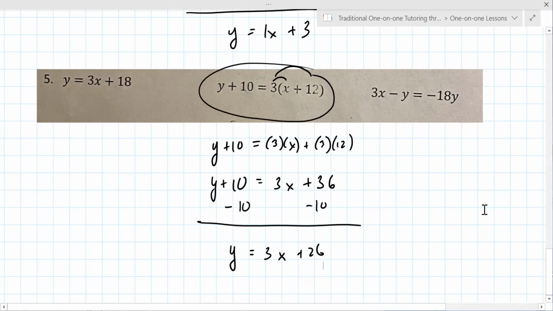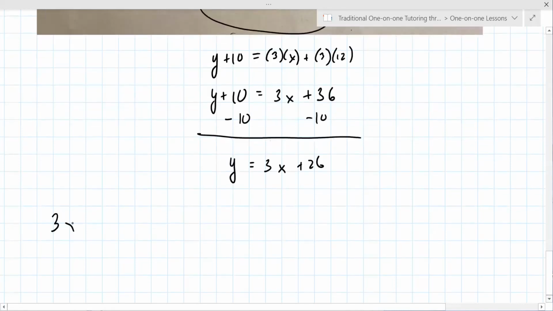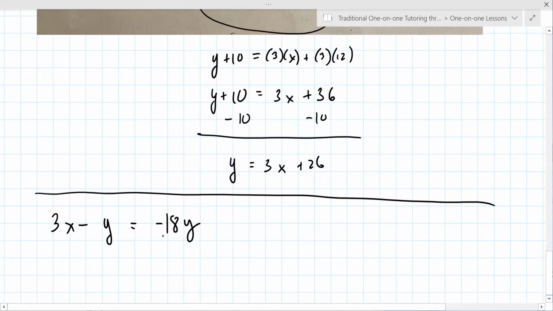I agree, but the point is... Yeah, I already got it. Okay. Now this one on the right, we should look at that together. This 3x minus y equals minus 18y. Okay, so this one's a little bit different because we're used to having only y on one side of the equation.